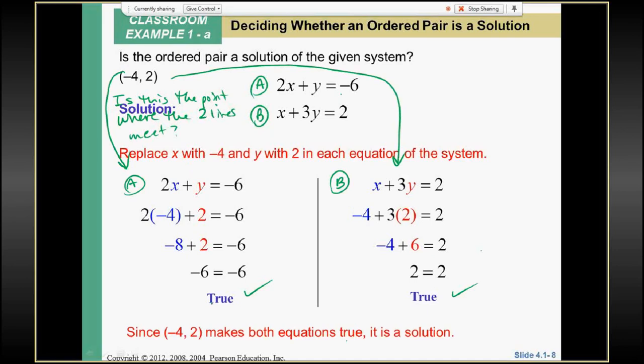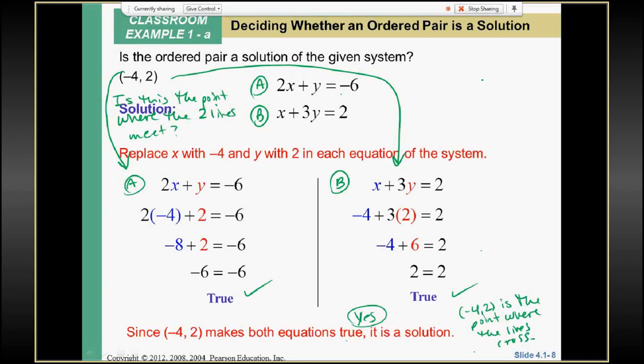It is a solution. So it has to be true for both. Yes, it is a solution. What that really means is -4, 2 is the point where the lines cross or meet or intersect. Same thing.